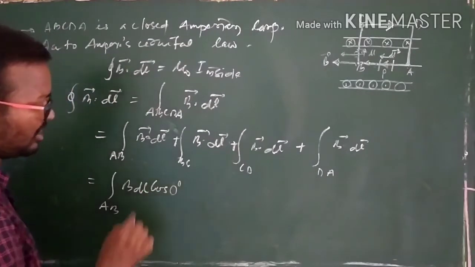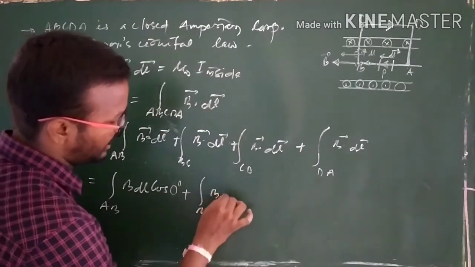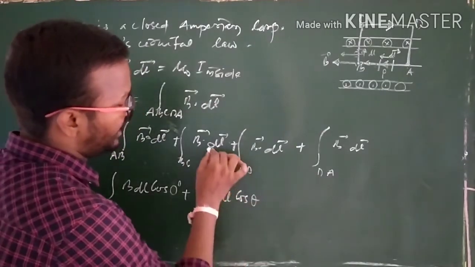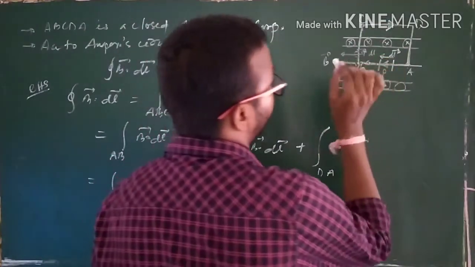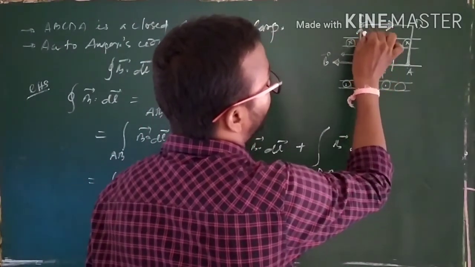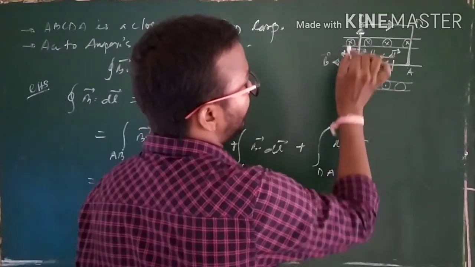So B dl cos 0 degrees. Next, B to C is B dl cos theta. Looking at the diagram, B to C is the direction of the Amperian loop and this is the direction of the magnetic field, which makes an angle of 90 degrees.